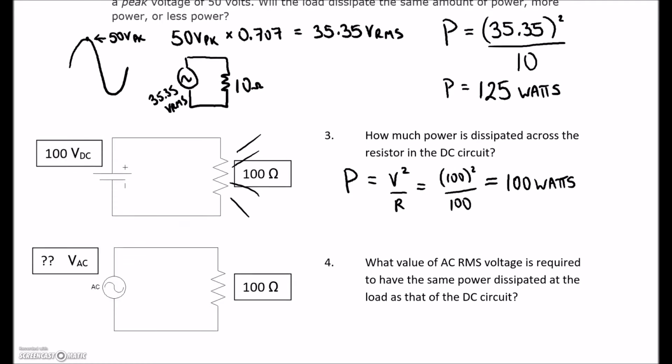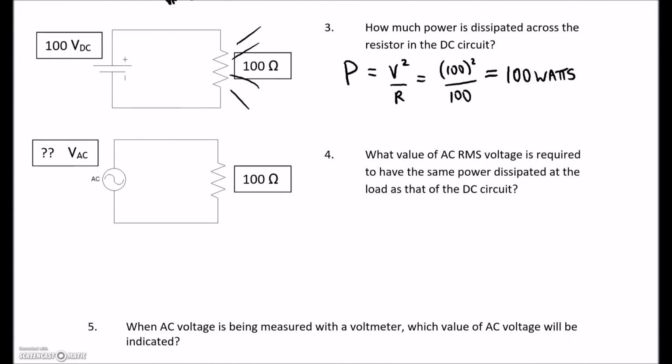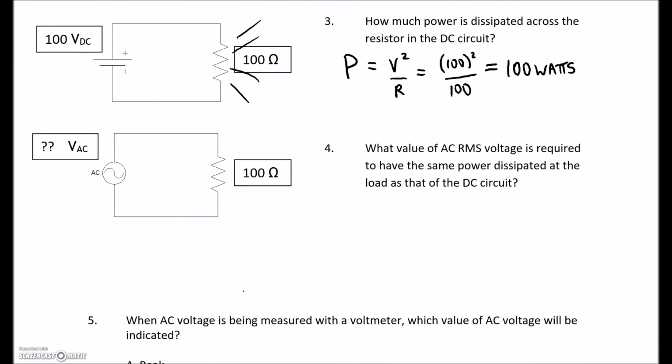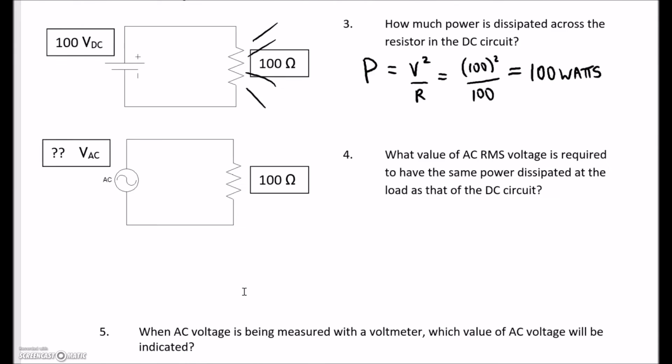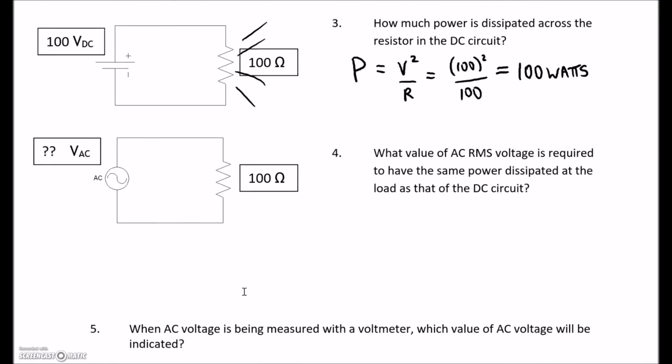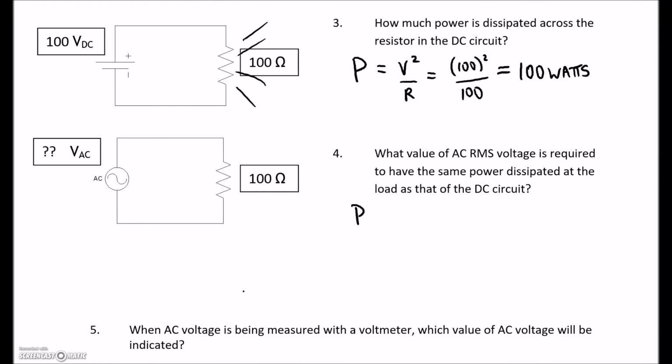Well, hopefully this is where you see what I'm talking about. We need to have the exact same amount of power. We've got the same resistance, so essentially we need the exact same voltage, right? So if we take a look at that equation where we've got power, sorry, a little trippy there, I don't know what's going on with the windows here. Power is equal to V squared divided by R, right?